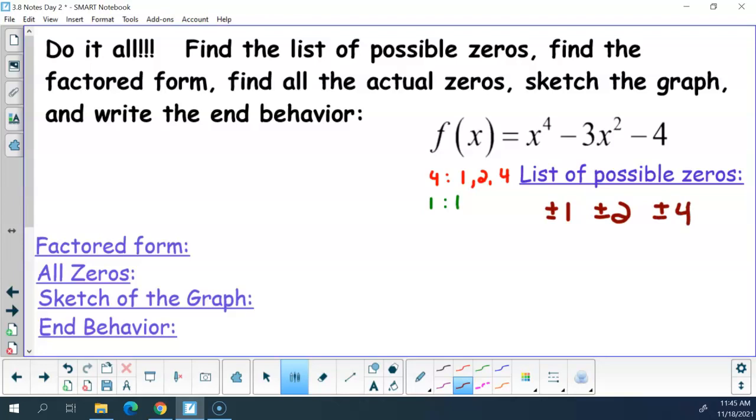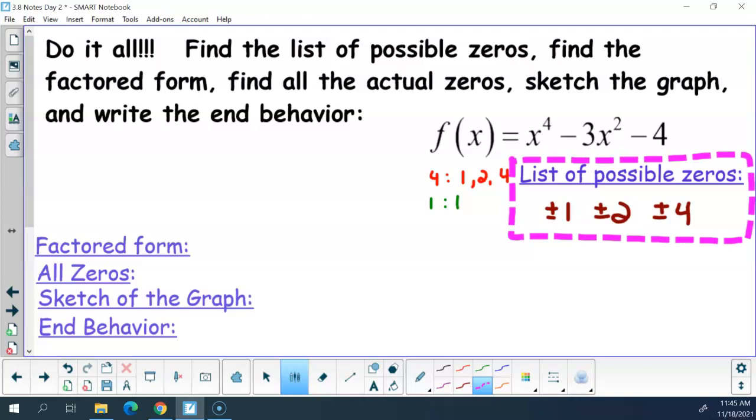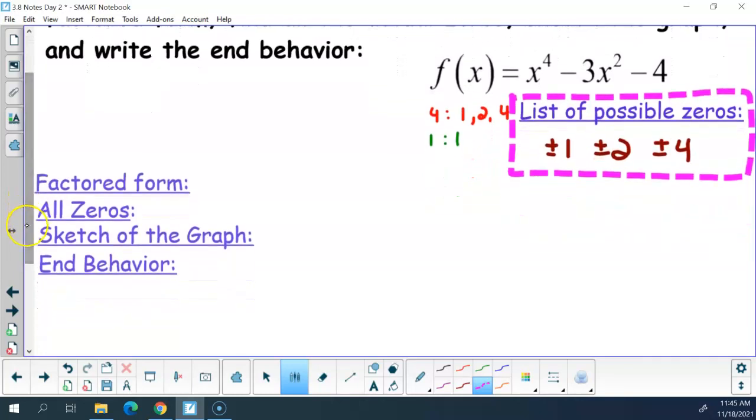So my list of possible zeros is plus or minus 1, plus or minus 2, and plus or minus 4. You all had that. Okay? Give me a zero that works. Negative 2.